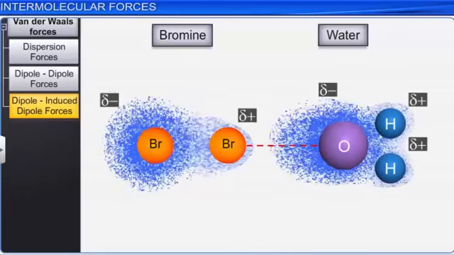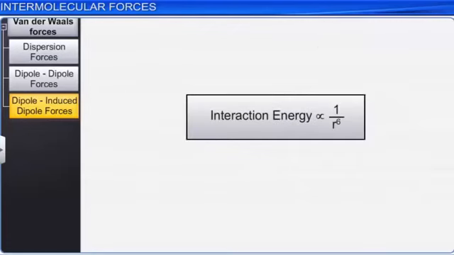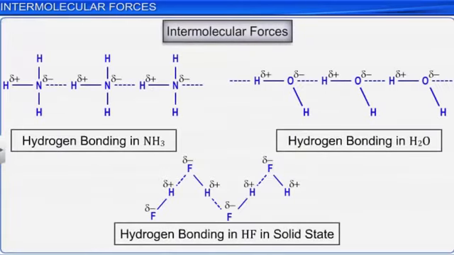In this case also, interaction energy is inversely proportional to the sixth power of the distance between the two interacting particles. A special case of dipole-dipole interaction called hydrogen bond exists in the molecules with highly polar N-H, O-H or H-F bonds.